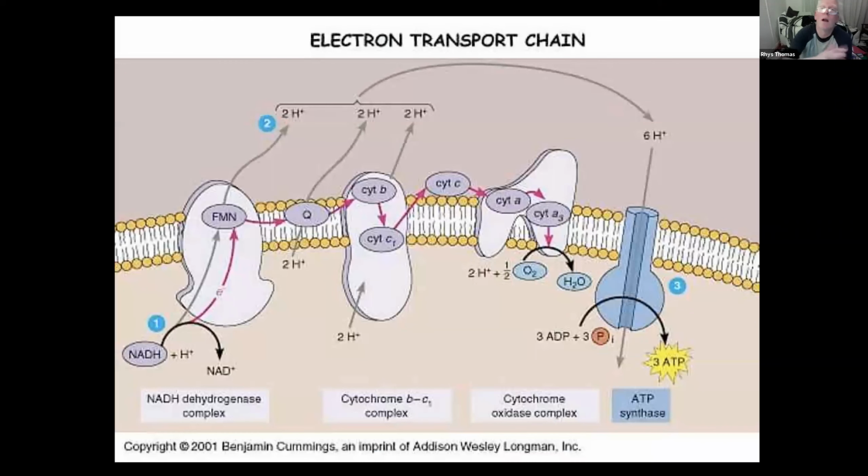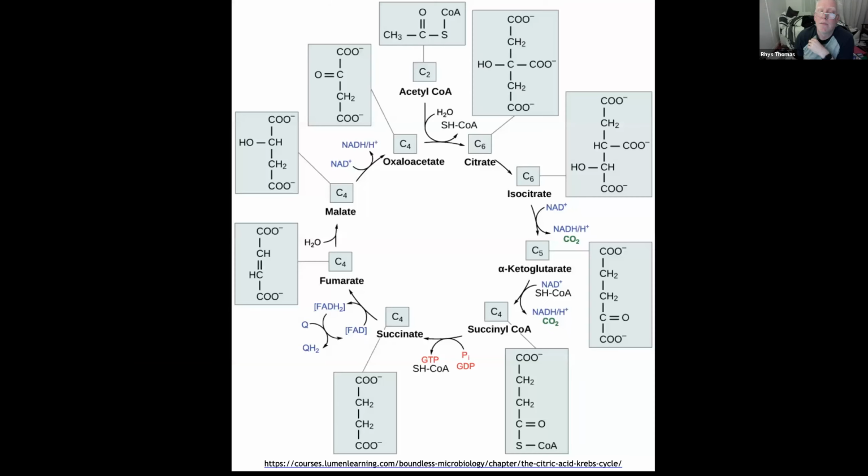So the whole electron transport chain backs up because you haven't got the oxygen to offload the electrons at the end of it. And so you're stuck with NADH, but you don't have any NAD. And in the Krebs cycle, the citric acid cycle, you need that NAD plus as well. So that shortage of NAD plus brings the citric acid cycle to a halt as well.